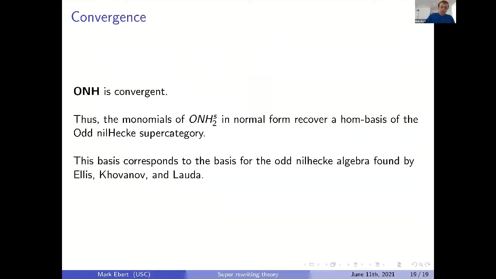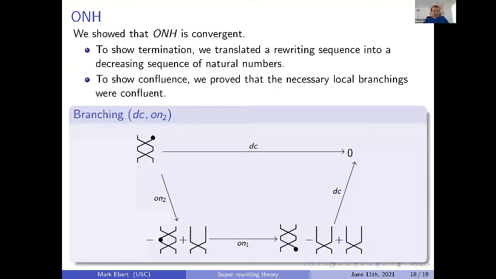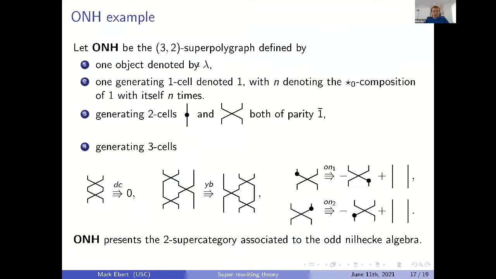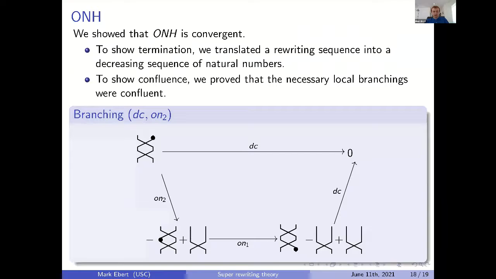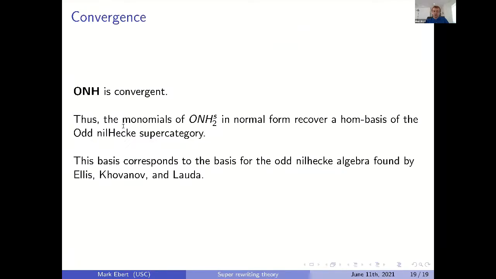Thus, ONH is convergent, and the monomials of the free 2 supercategory with objects, generating 1 morphisms and generating 2 morphisms, the monomials of that in normal form, recover a basis of 2 morphisms. This basis of 2 morphisms actually corresponds exactly to the basis of the odd-nil Hecke algebra, which is known.